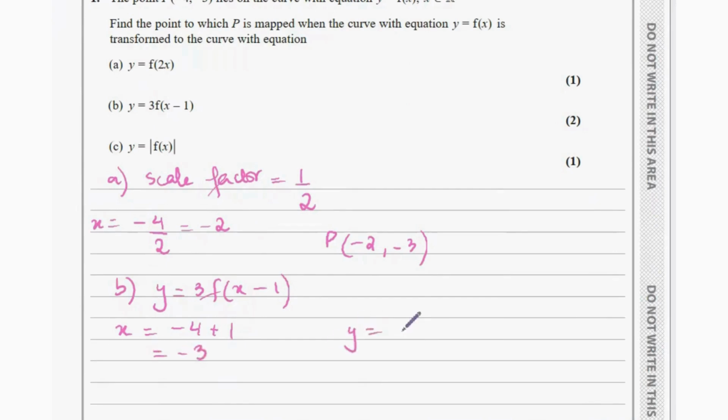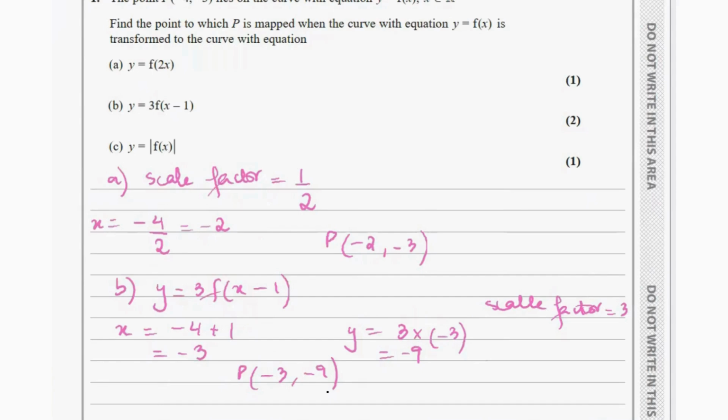And for y, we're going to multiply -3 by 3, because the scale factor in this case is going to be 3. So P is going to be (-3, -9) for part B. You will transform the x value separately and the y value separately.